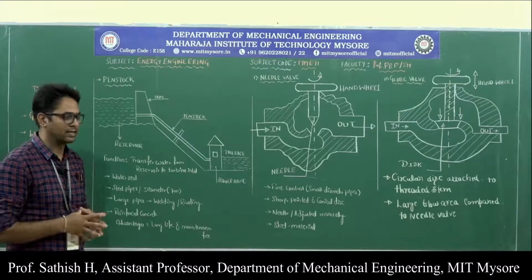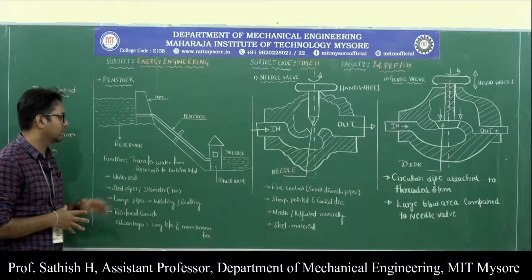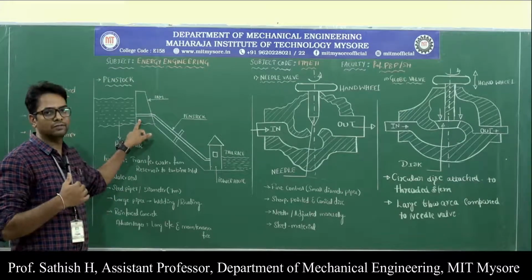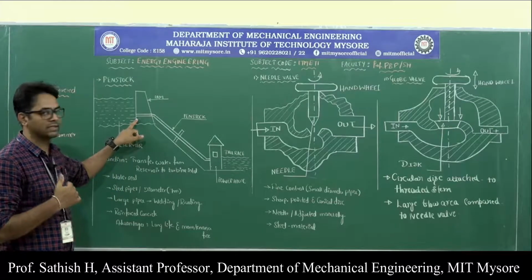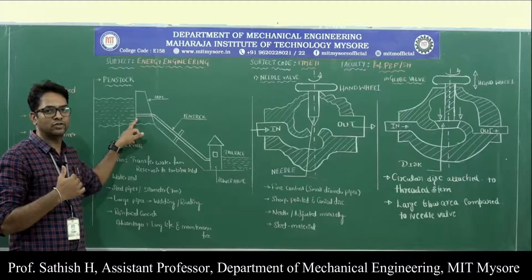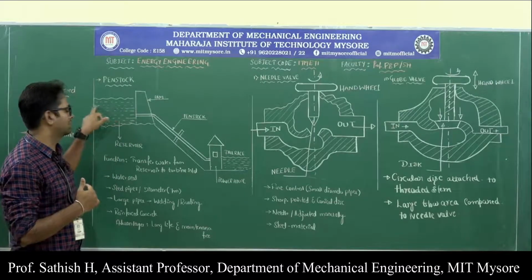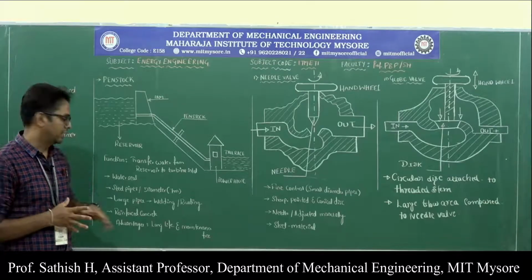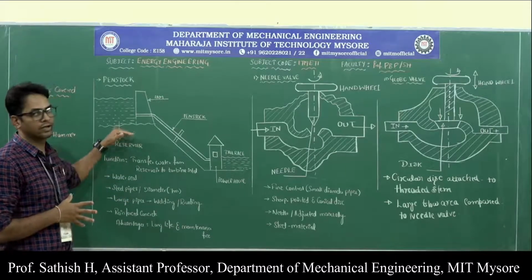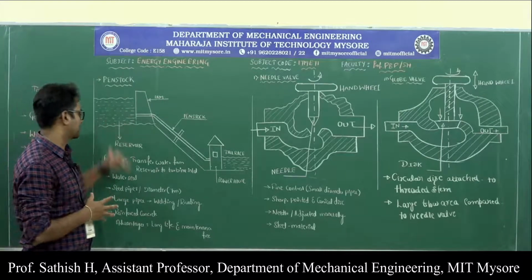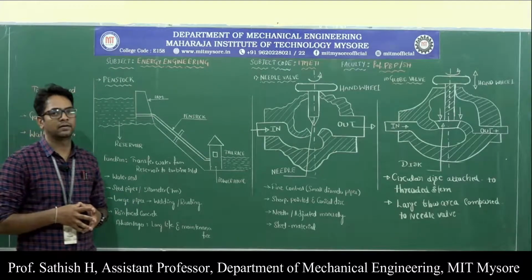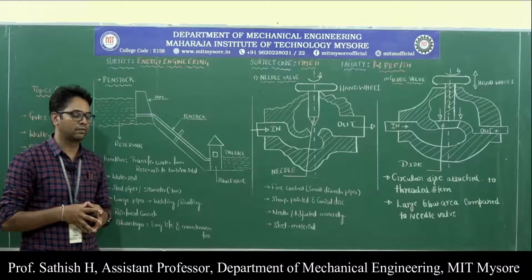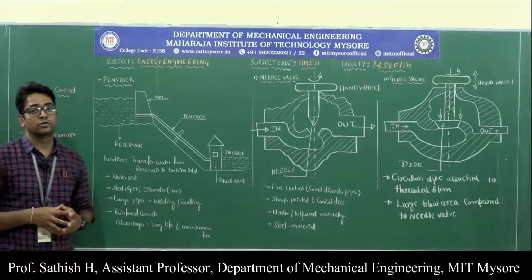Sometimes the level of the penstock inside the reservoir should be such that it provides a water seal throughout the level of the reservoir. As for the material, penstocks are normally made of steel.